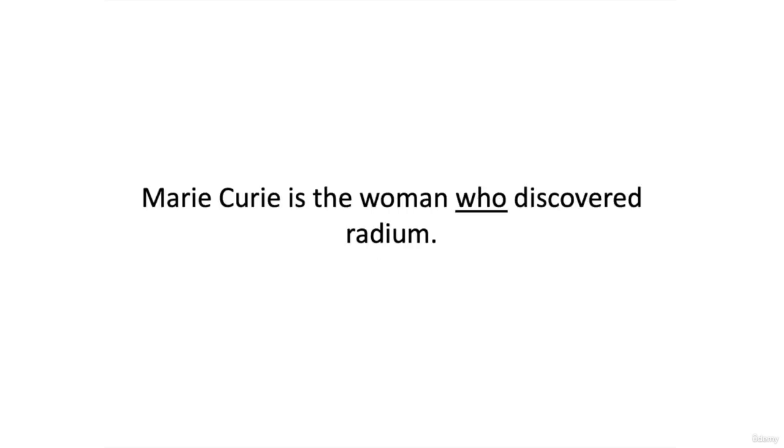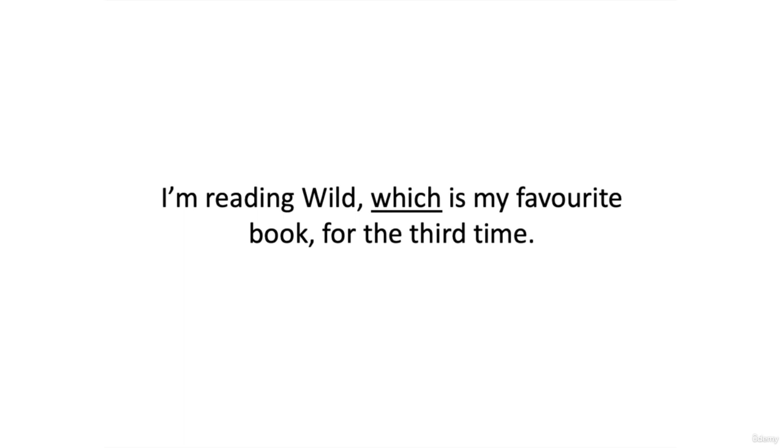For example, Marie Curie is the woman who discovered radium. The relative clause, who discovered radium, gives more information about the woman, Marie Curie. I'm reading Wild, which is my favorite book, for the third time.